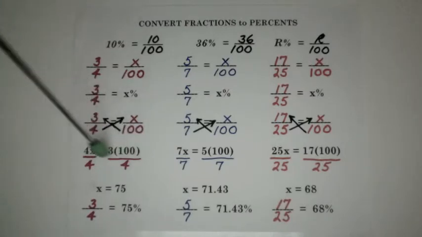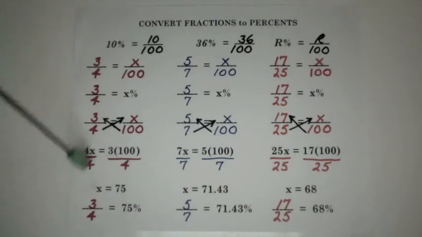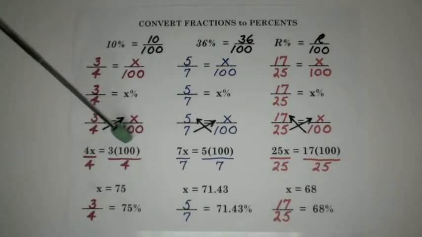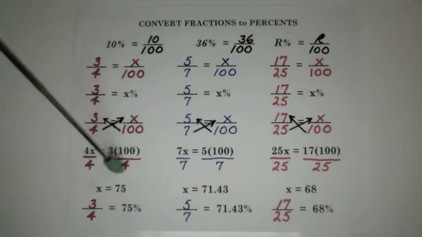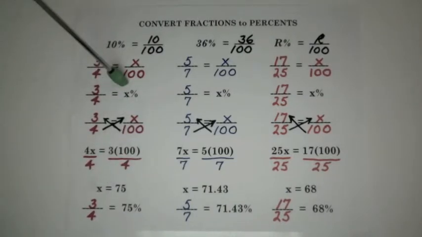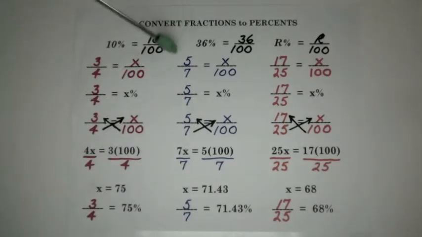So I must divide this side by 4. 4 divided by 4 is 1. So I have 1x, so here's the x. And 3 times 100 is 300, divided by 4 is 75. So x equals 75. 3/4 equals 75%.